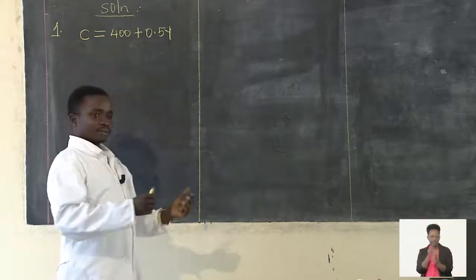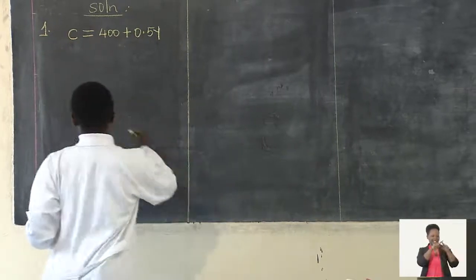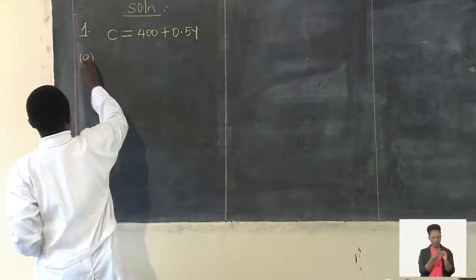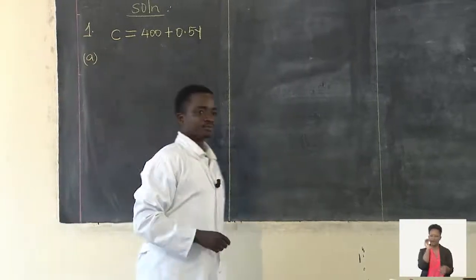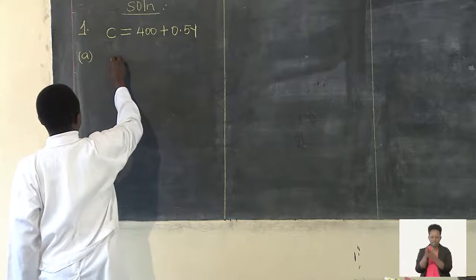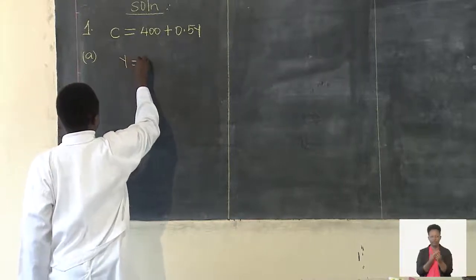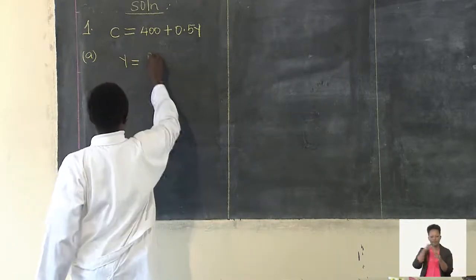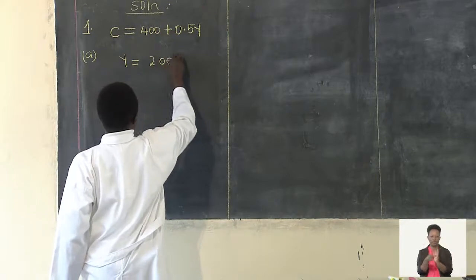So we have part A of question 1, whereby they are asking us to find the consumption level of an individual who has a disposable income of 2,000. So they want us to get the consumption level for an individual who has got a disposable income of 2,000 Rwandan francs.